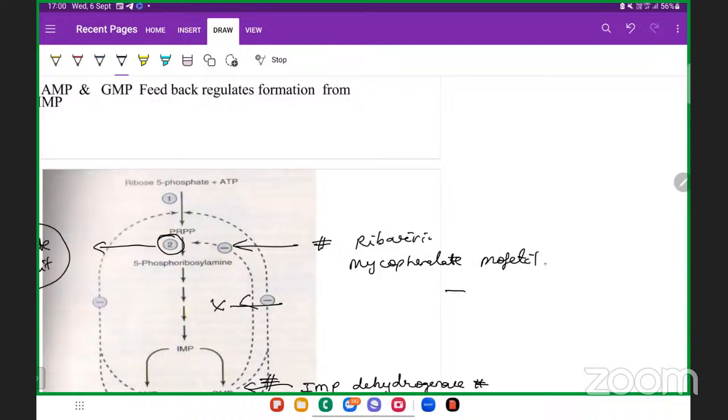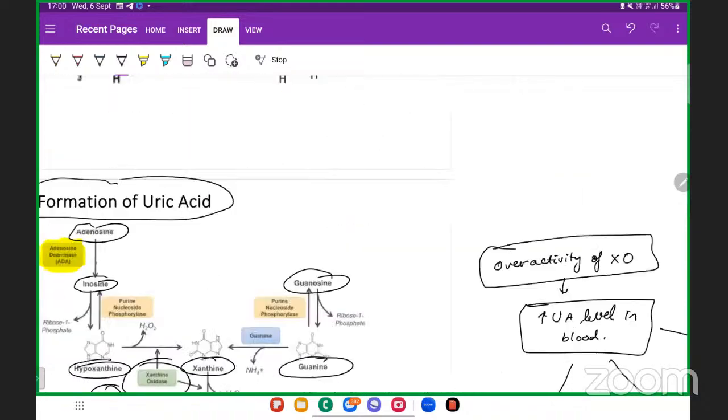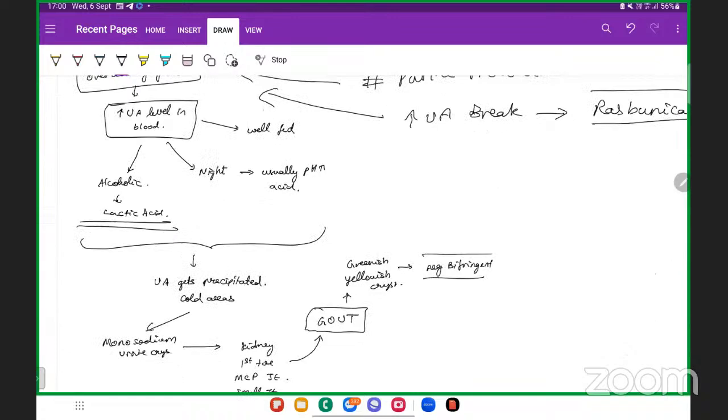Okay, so these are the two drugs which inhibit your PRPP glutamyl aminotransferase. When you inhibit this, they are going to be helpful for decreasing the production of your purines. Now you understood, right? We have actually discussed two important steps for decreasing the purine production.